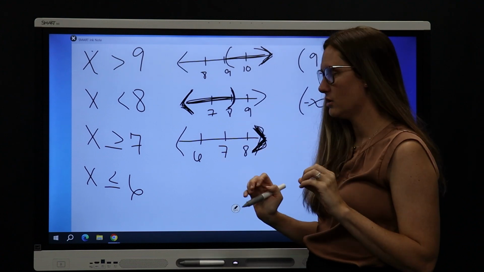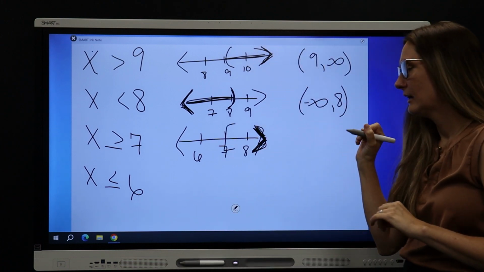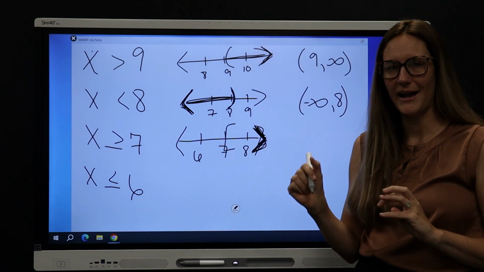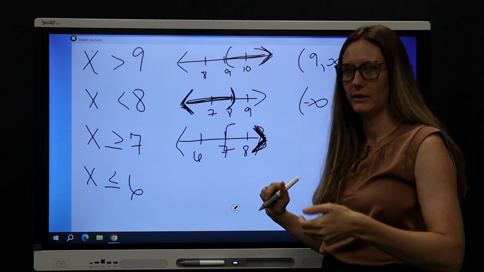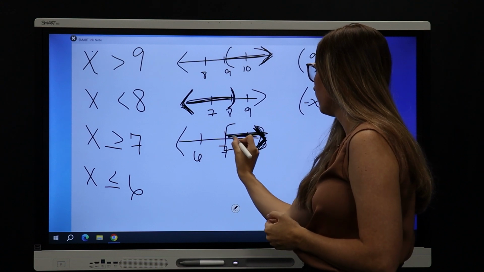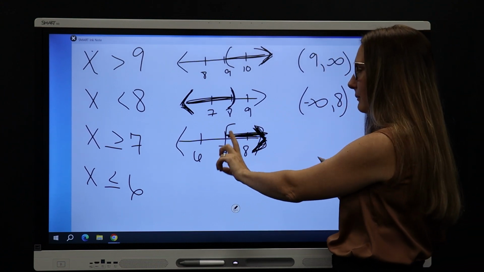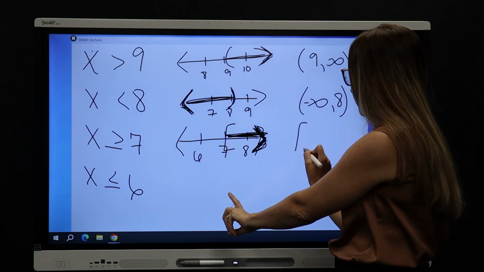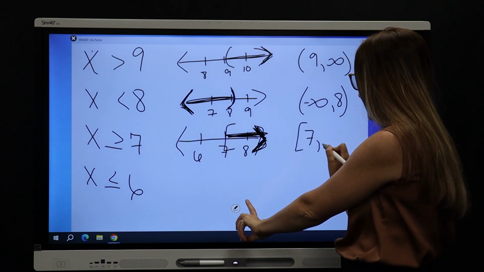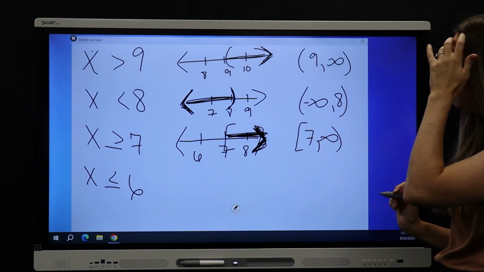Since it's equal to, we use a bracket. If it's equal to something, you use a bracket. If it's not equal to, you use a parenthesis. And then we go all the way to our arrow. Now when you do your interval notation, once again, this bracket means it's equal to. So we're going to have bracket 7 to positive infinity because it's going up the number line.